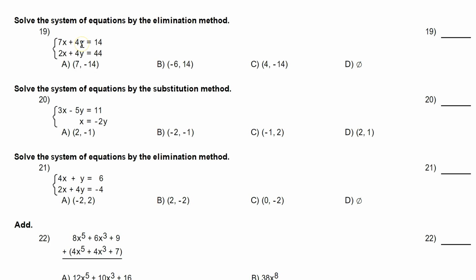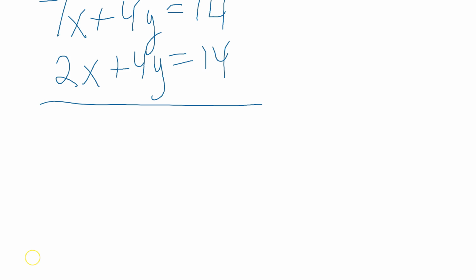Now, for number 19, they're asking us to solve using the elimination method. Now, I don't have a lot of room here, so I'm going to write this up on another page for you. So I've just written these up here, and this is a 7 here.